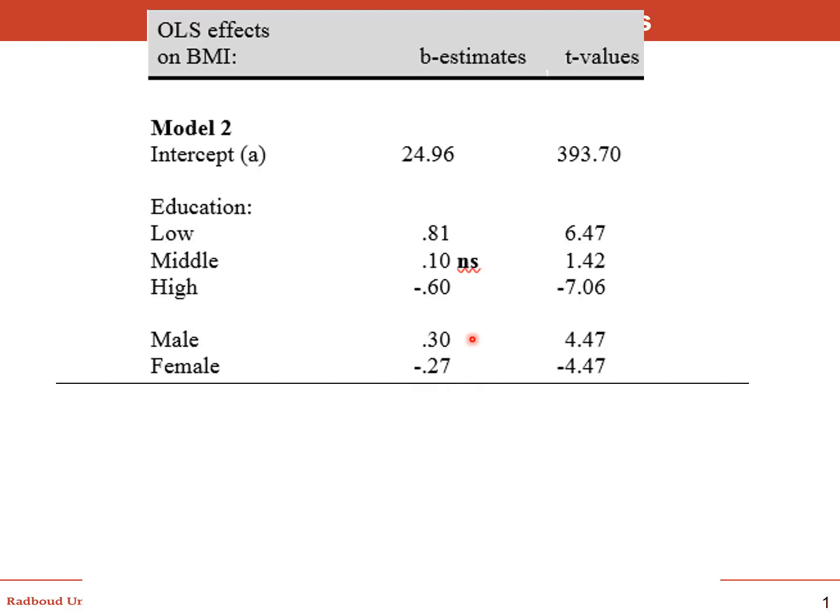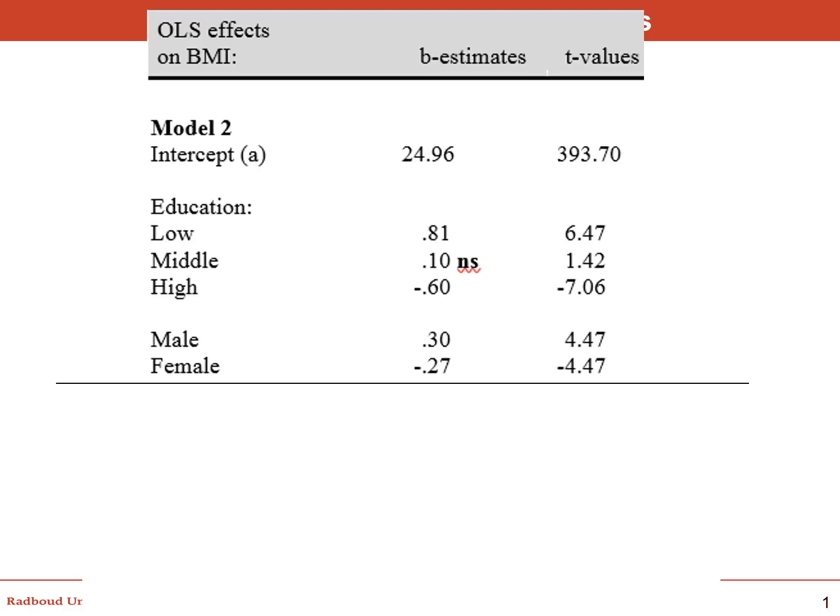Then we have here the estimates for males and females. As you can see, the body mass index for males is higher compared to the sample mean. They are 0.30 above the sample mean, and the females are 0.27 below that sample mean, again indicated by the minus sign. Okay, this is a first order regression model, so without interaction parameters.